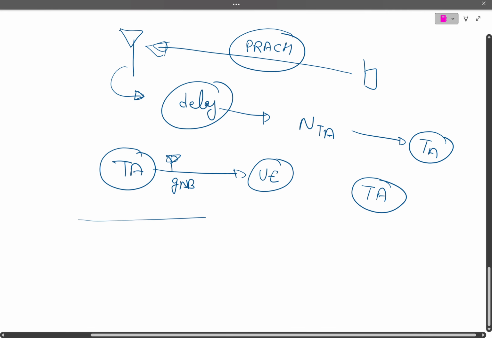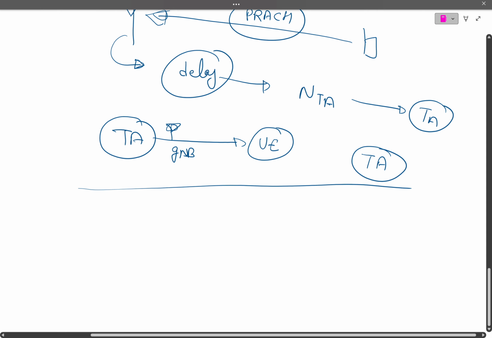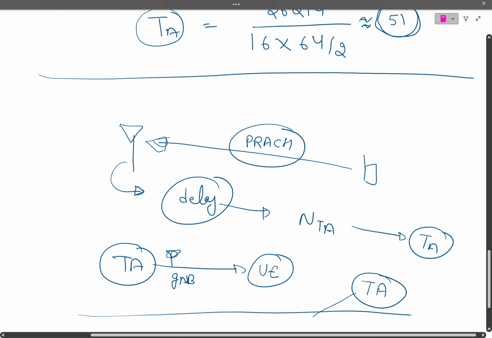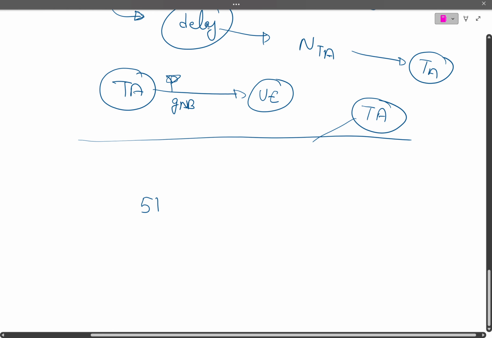UE will apply this timing advance, and from that time onwards, for every uplink message, whenever it transmits, whether it is PUCCH, PUSCH, SRS, it has to apply this timing advance. Okay, so UE will calculate back.